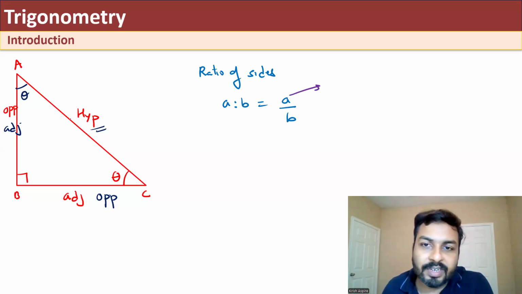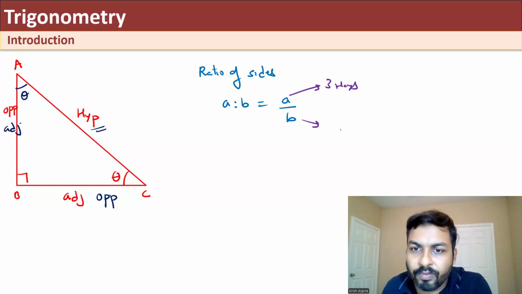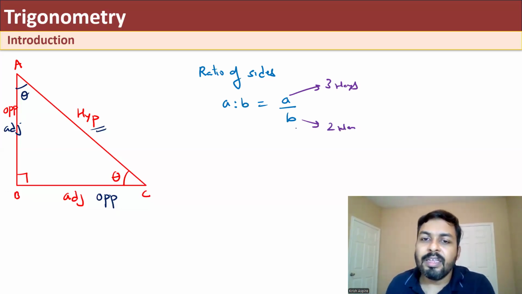There are three sides of the triangle. So there are three ways in which I can choose the numerator. In how many ways can I choose the denominator? Let's say if one of the sides I've selected, then there are two more ways in which I can choose the denominator. So whatever side you have selected for the numerator, you will not select that side for the denominator.